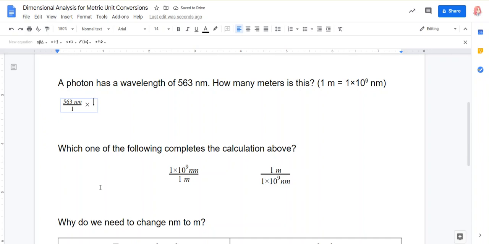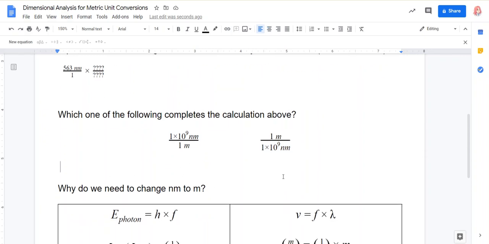So we need to think about what needs to go on top here and what needs to go on bottom here so that nanometers cancel out and we get our answer in meters. So do I want to put this one in or do I want to put this one in? So think about it and show me your work in your packet or in your worksheet.